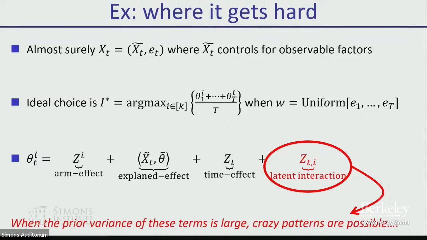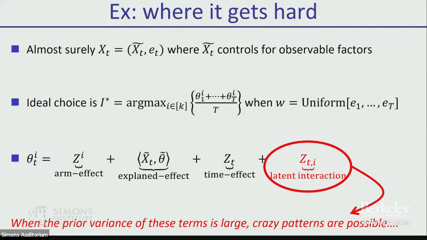And really, if you're being Bayesian here, you can control how hard you think this problem might be by understanding, do we put a high prior covariance on this, letting really weird things happen? Or do you put a small prior covariance on this, saying that pretty much arms that were bad in the beginning and much worse than other arms are unlikely to overtake the others?